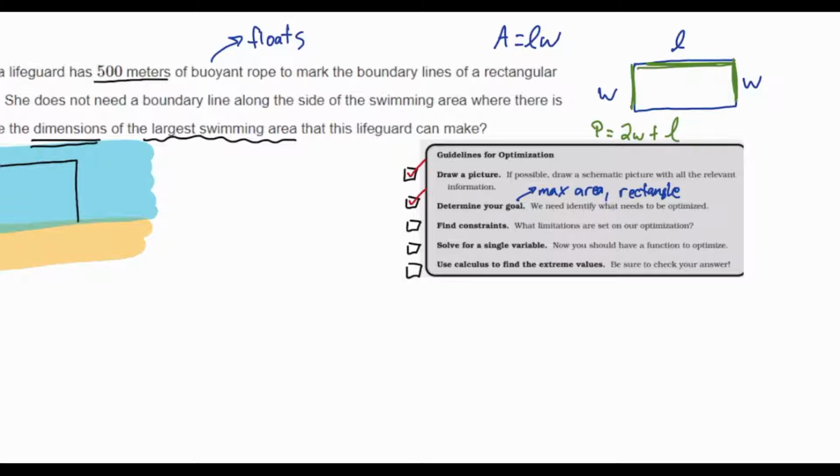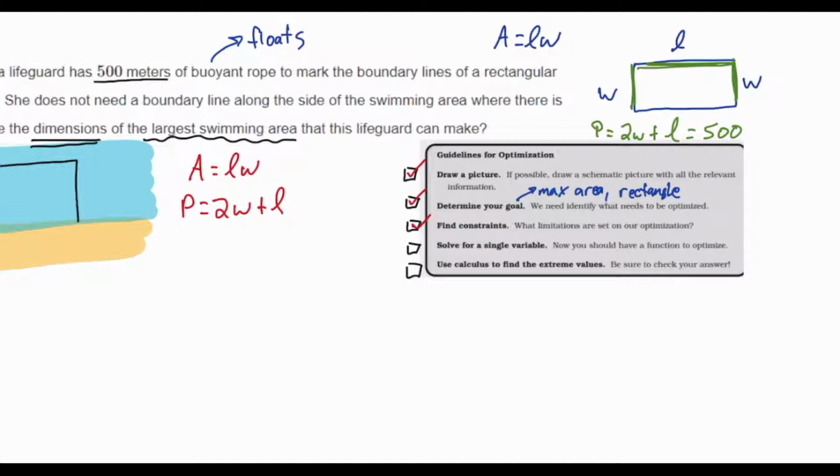And we know that we have 500 meters of rope, so that's going to be equal to 500. And remember, one of the points of doing this is that we want to be able to define everything in terms of a single variable. So basically we have area equals length times width, and perimeter equals 2 width plus length.